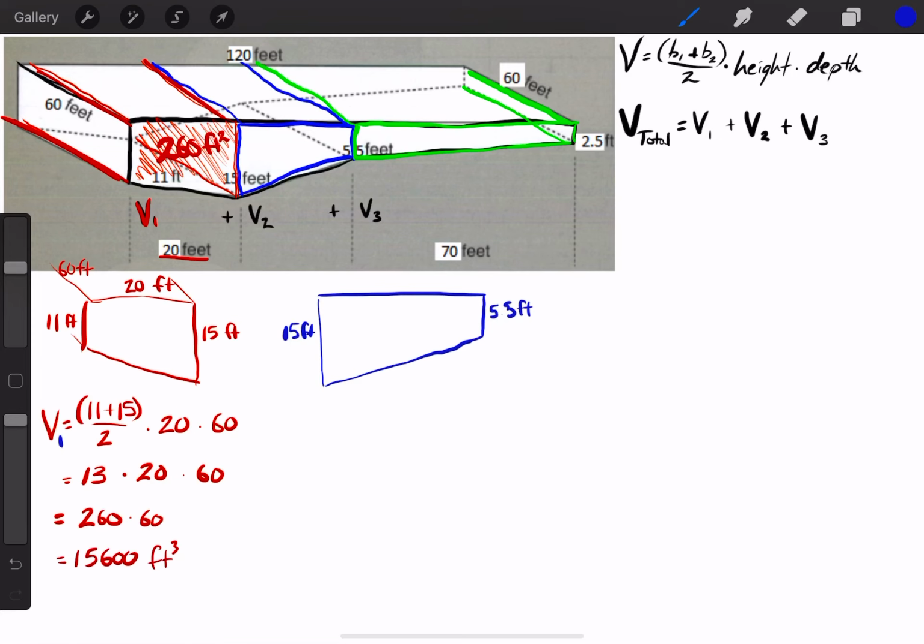Now, it's unclear what the width is at first until we see that we know the total and we know the other two pieces.